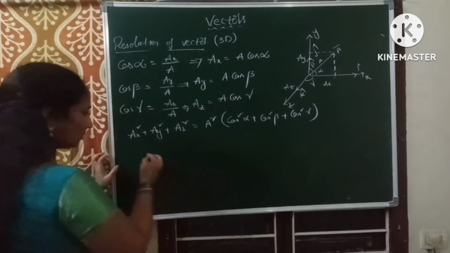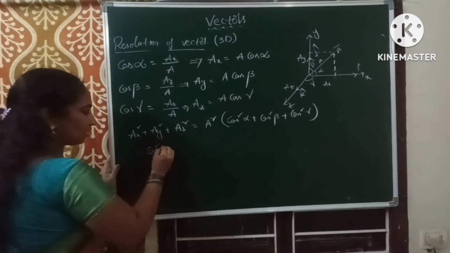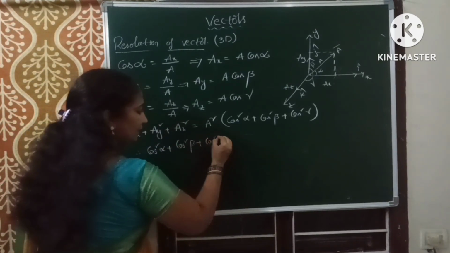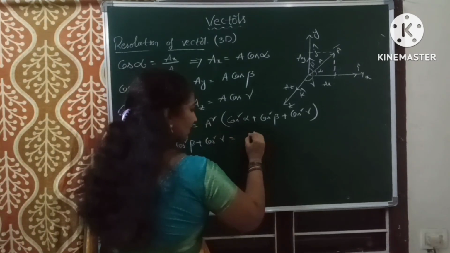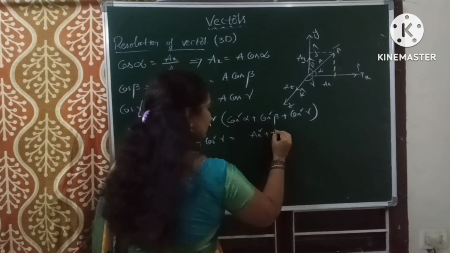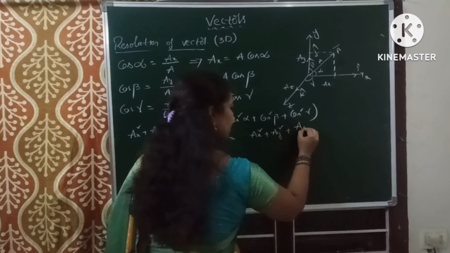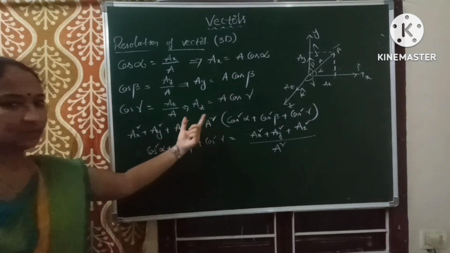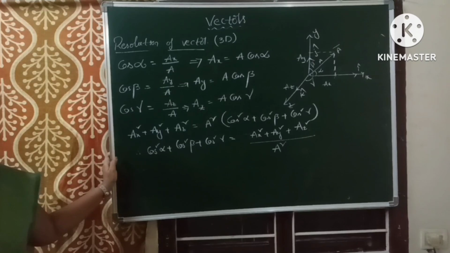So therefore, cos square alpha plus cos square beta plus cos square gamma, if we calculate, is equal to ax square plus ay square plus az square whole by a square. We took a square to the left side.